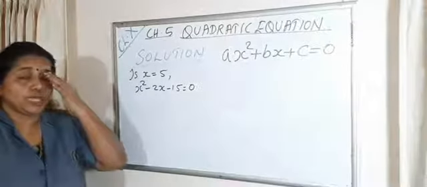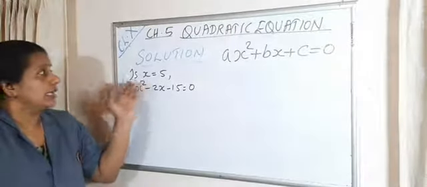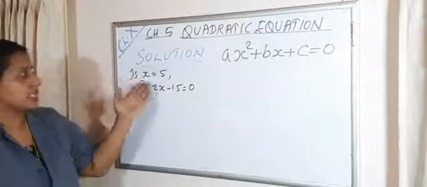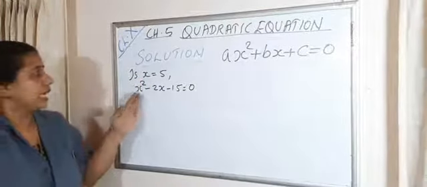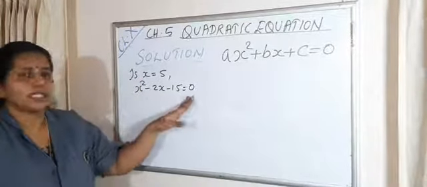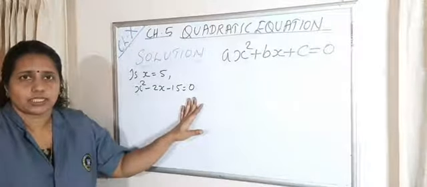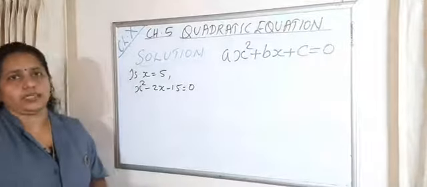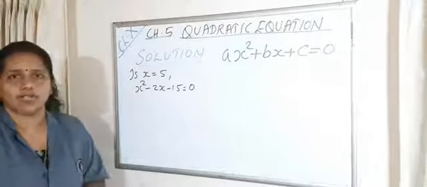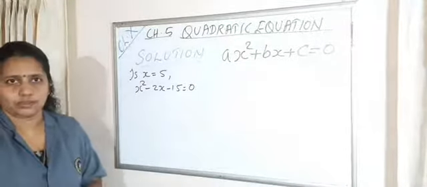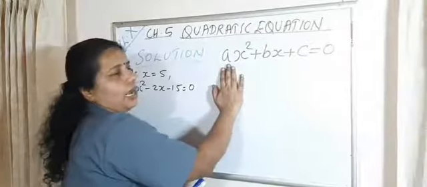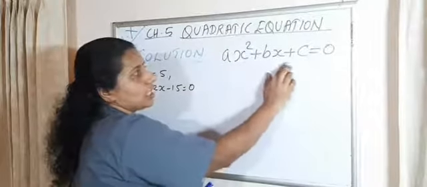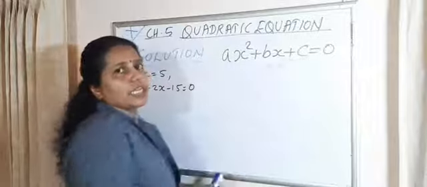Next one, solution. How to find if x is equal to, for example, x is equal to 5, then x square minus 2x minus 15 is equal to 0 is our quadratic equation, and we have to check if x is equal to 5 is a solution. Okay, how can we identify whether it is a solution or not? Our quadratic equation is ax square plus bx plus c equal to 0.